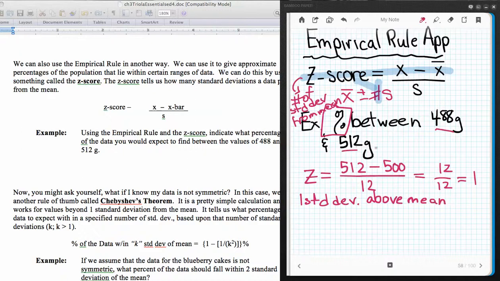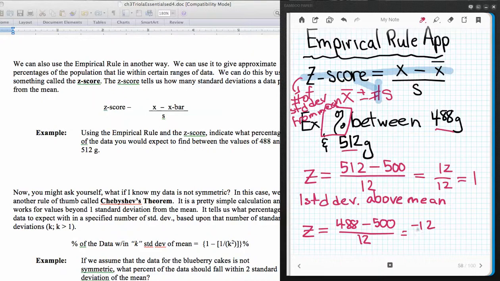Now we'll look at our z-score for our 488. So our observation, our data point, our value for our random variable, 488, minus our mean, 500, and then divided by our standard deviation, 12. So 488 minus 500, that would give us 12, and it's negative 12 because 488 minus 500 is a negative number, right?